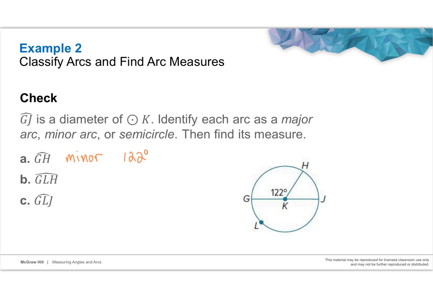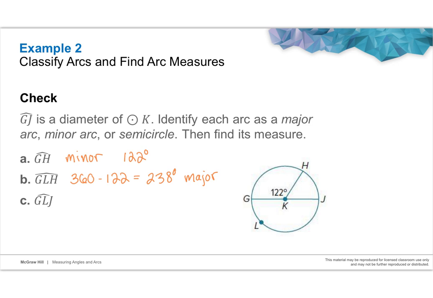Then we have the measure of arc GLH, which we are going to see is the major arc off of the minor arc GH. So we're going to take 360 and subtract that 122, and we're going to get 238 degrees, which is of course major.